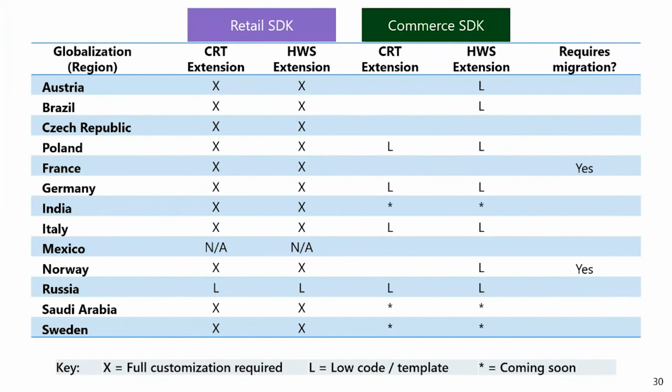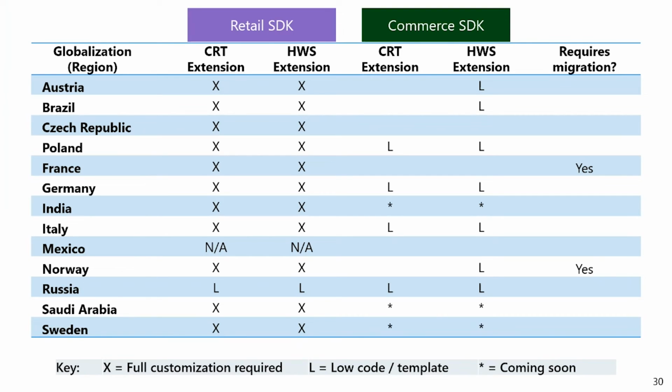With the Globalization Studio, we have significantly reduced the complexity of implementing store operations in hundreds of locales. Above is the list of countries that required heavy customization in order to stay compliant in the past. Moving to the Commerce SDK, which uses the Globalization Studio, helps retailers operate in multiple regions with minimal to no IT development impact.